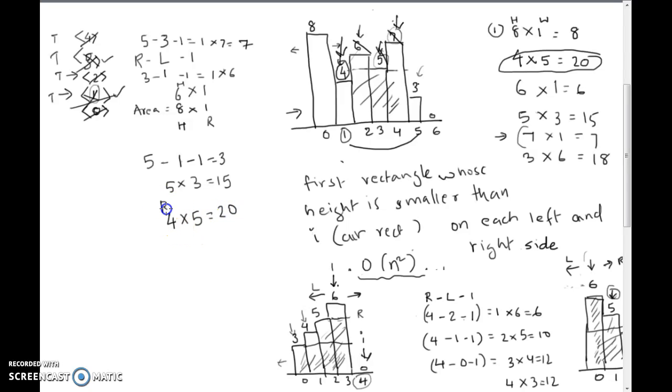This is the right limit, and this is the height, which matches what we processed here. If we draw a line, it gives us the same area, 4 times 5, 20. Now there is nothing on the stack, so we push our current element index onto the stack, so the stack top will be just 5.